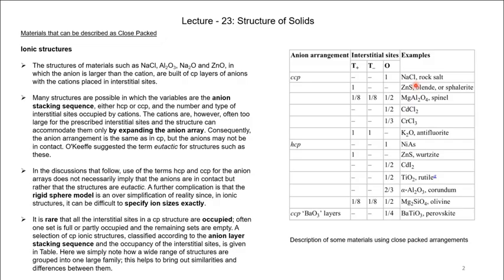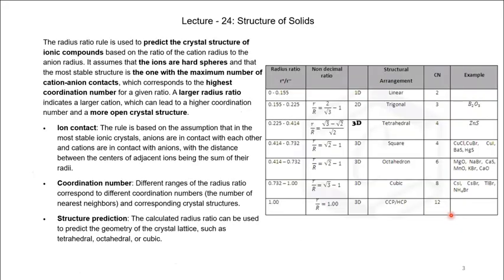For example, in the syllabus we have to describe the rock salt type, zinc blende, wurtzite, and antifluorite, calcium fluoride, and then olivine and perovskite. These structures we will discuss in a little more detail. We go to the next slides.